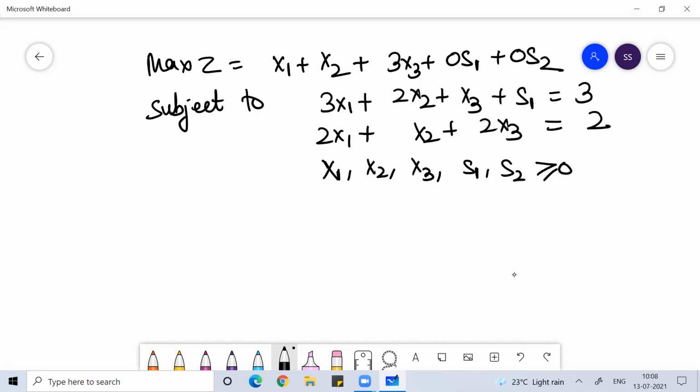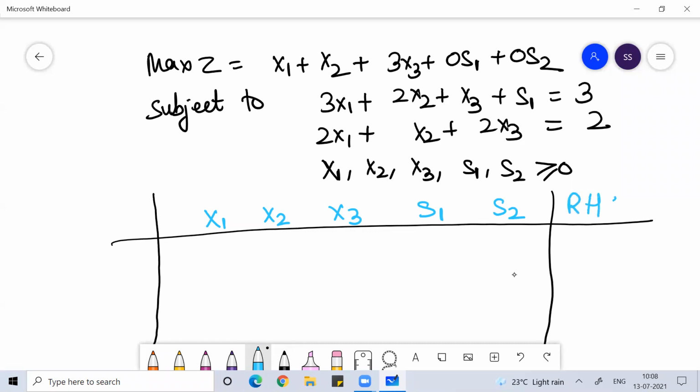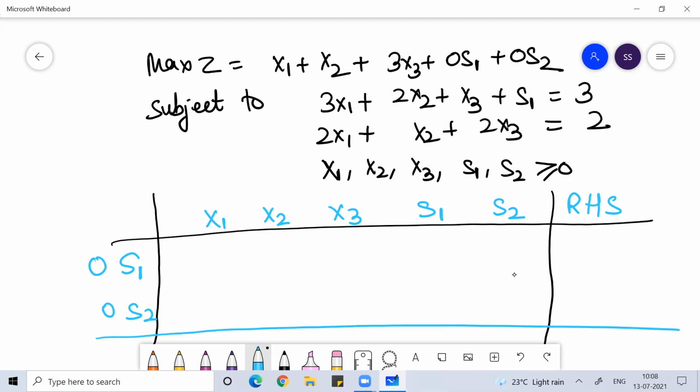Based on this, we'll create the iteration table. At the top of the iteration table, write down your variables x1, x2, x3, s1, s2, and then write RHS. Here write your slack variables s1 and s2, which are dummy variables having zero values.